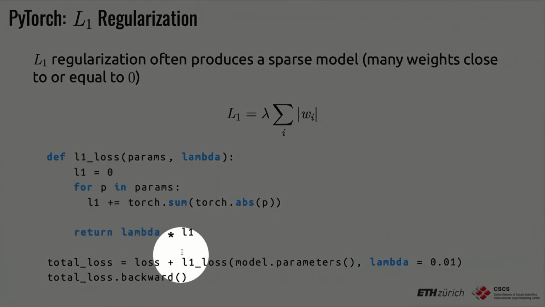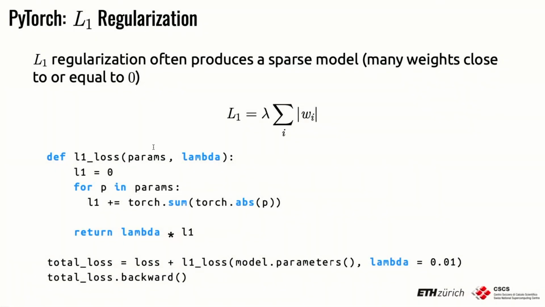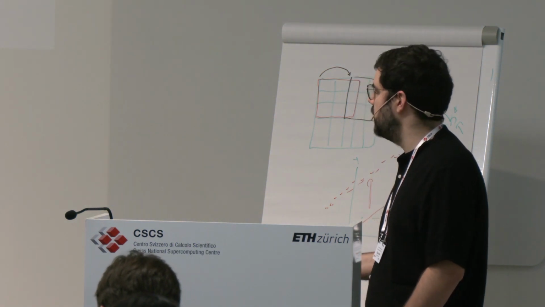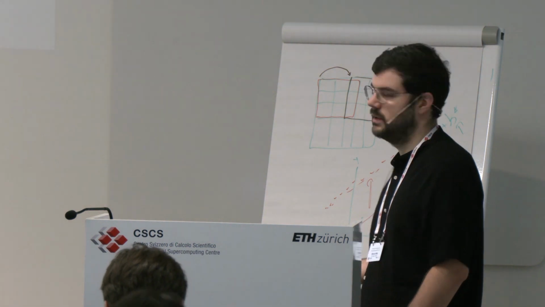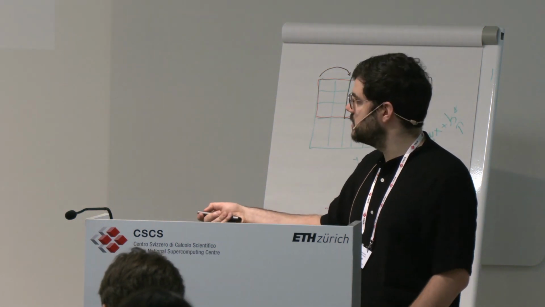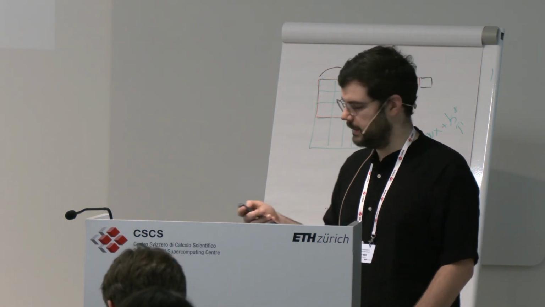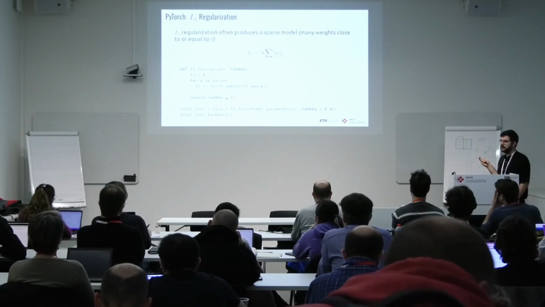And then you return lambda times this loss, and then the total loss of your model will be the normal loss that you would normally use plus this L1 loss. And then when you do backpropagation, you will have the gradients of the original loss and also of the regularization loss automatically. Is this clear?